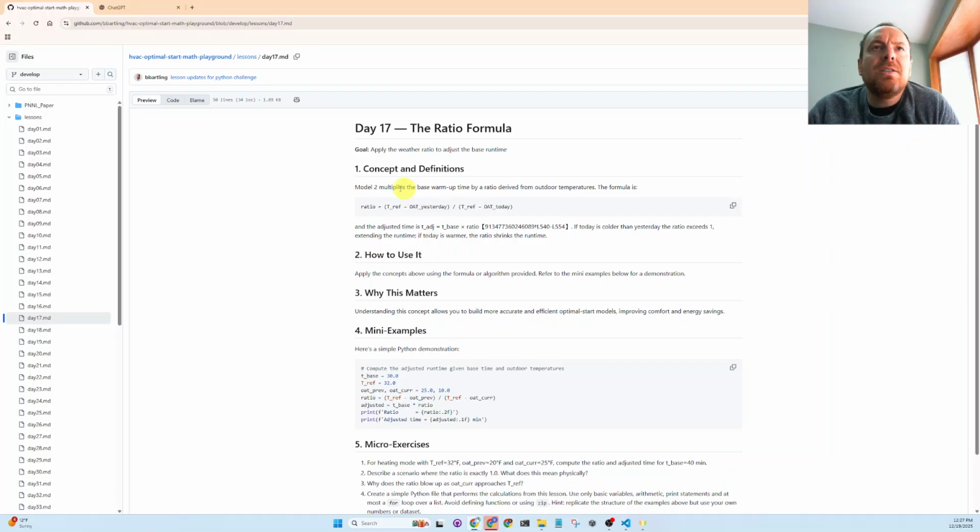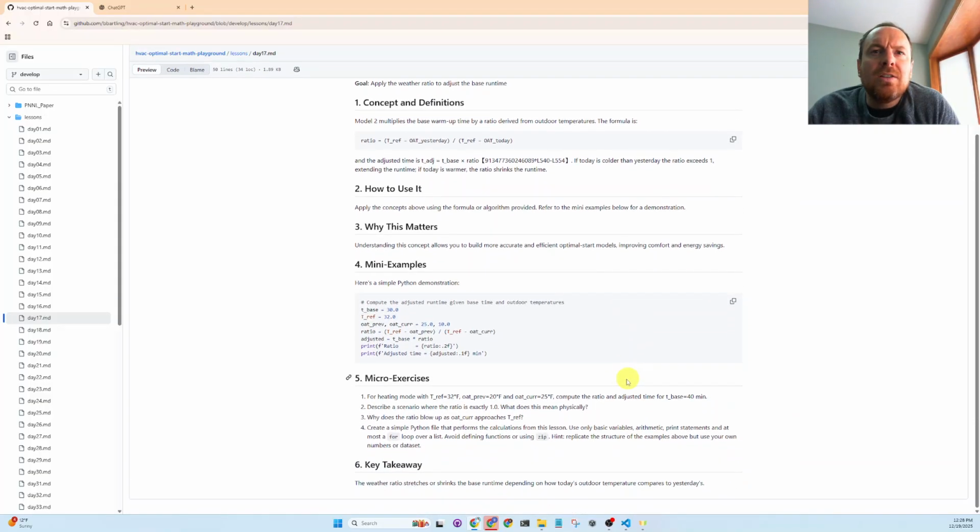Day 17 multiplies base warm-up time by the ratio, which we've talked about, and time adjusted. If today is colder, yes. So mini example. I think this is exactly what we just talked about.